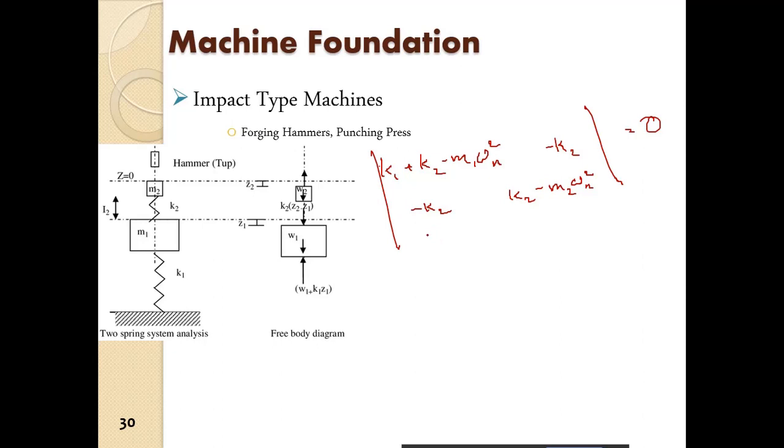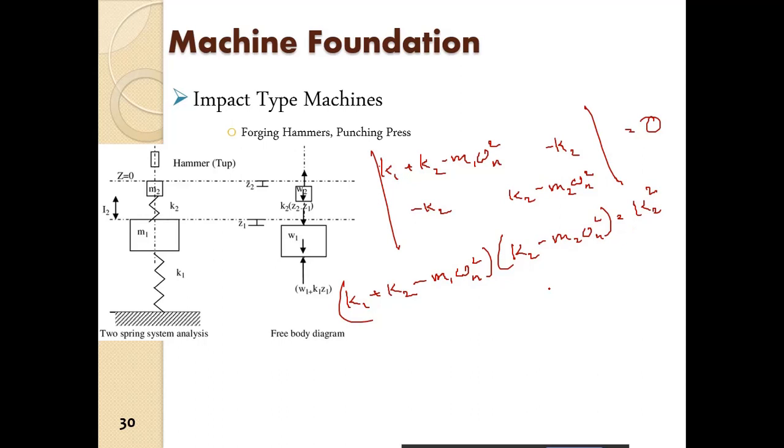Okay, so here if we simplify this, this into this, we will have k1 plus k2 minus m1 omega n square into k2 minus m2 omega n square is equal to k2 square.